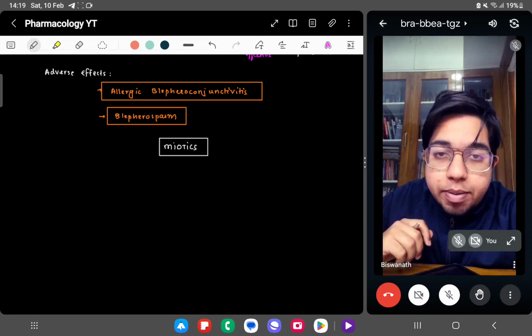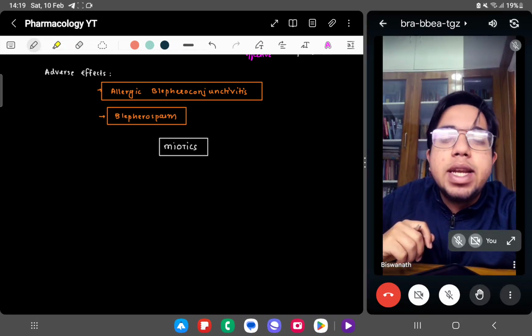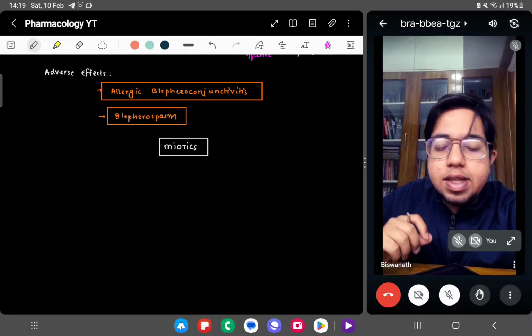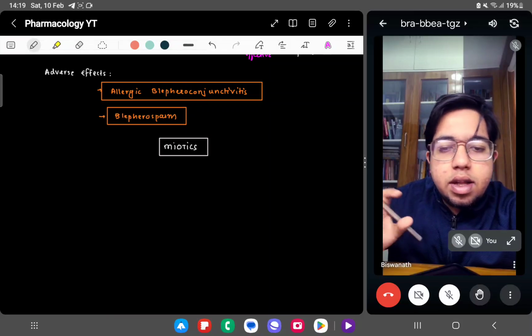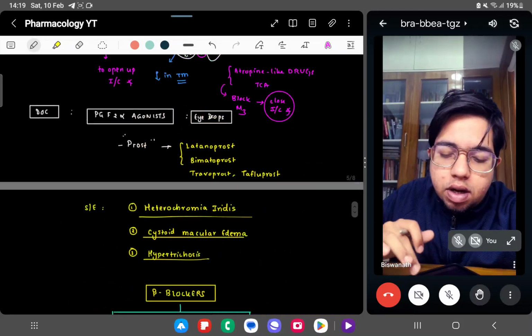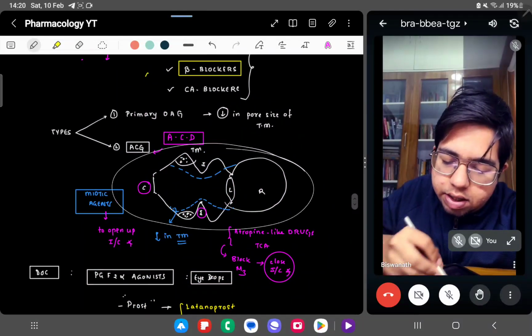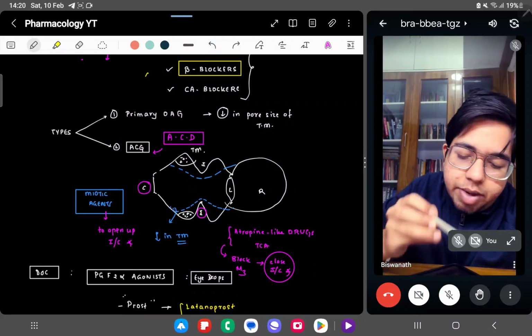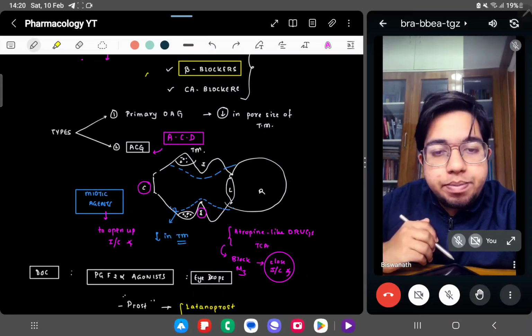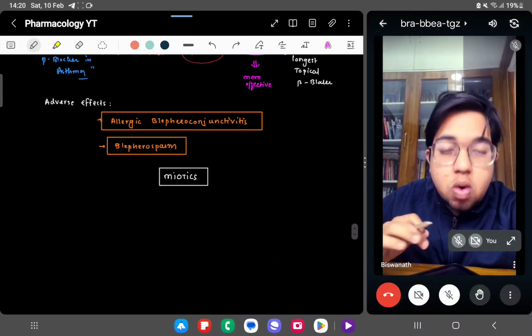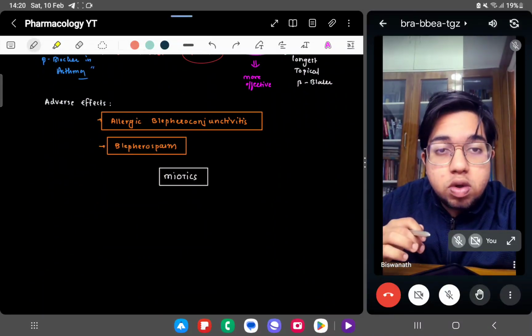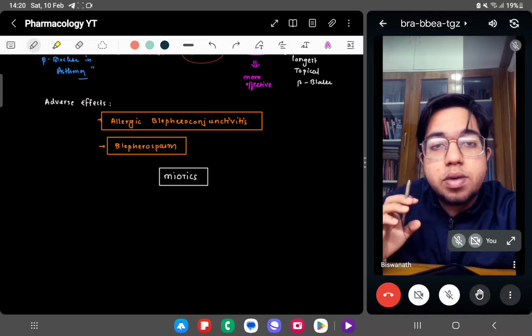And if they open up the iridocorneal angle, there will be increased trabecular outflow, as the trabecular meshwork will be increased in size. Okay, they were compressed in mydriasis. We discussed earlier here. Look at this. These were compressed in mydriasis. They will be opened up. So we discussed the effect of your miotics.